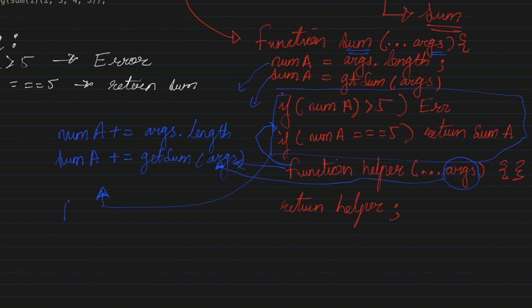So do we really have to write one more function over here, like function helper to also receive args and do the same thing here also? No, that's not necessary, because the function we are writing here is actually the helper function that we have written already, right? So instead of repeating this, we could directly return helper.